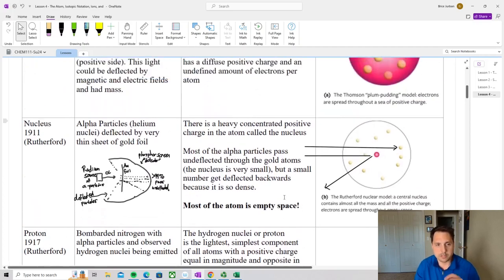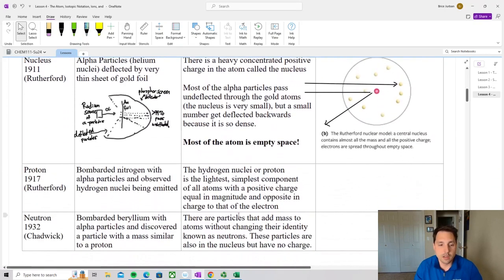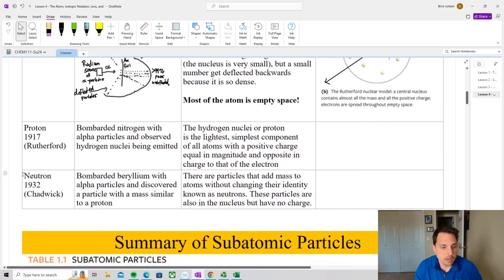Now, there were other experiments along the way that discovered the mass and the charge of the electron. I didn't mention them here, but they're very important to know about if you are interested in the history of chemistry. And then it wasn't until 1932 that a student of J.J. Thomson, I believe, Chadwick, did some experiments similar to Rutherford's, where he bombarded beryllium with alpha particles.